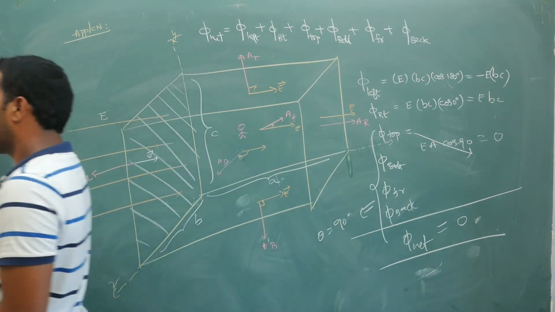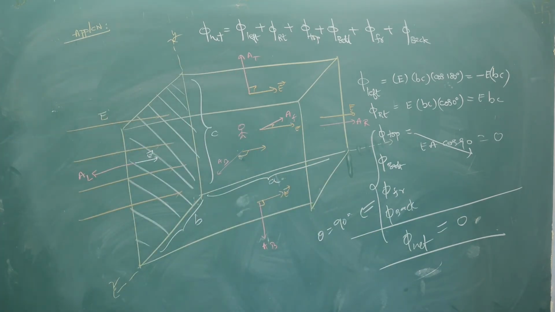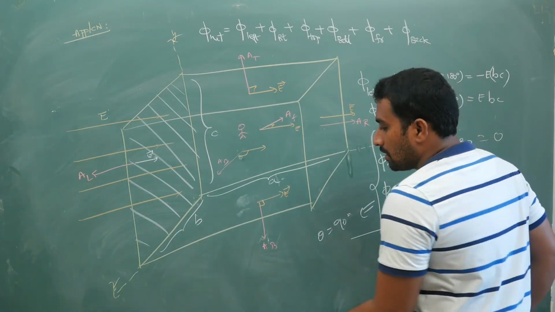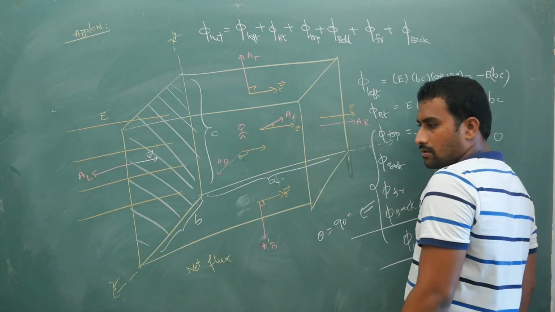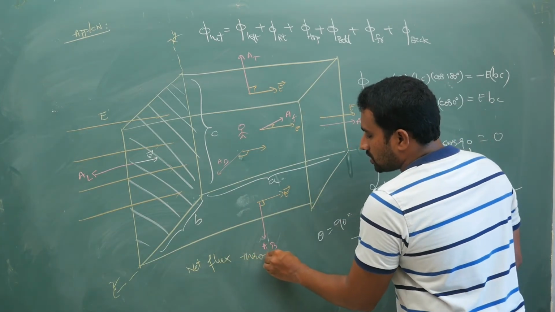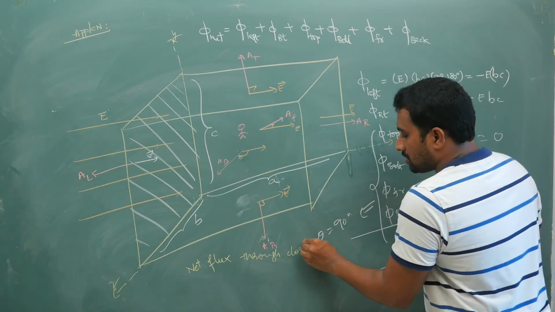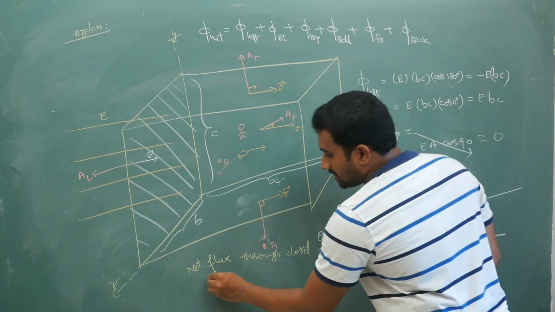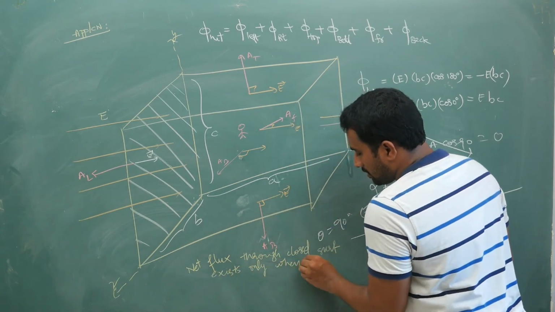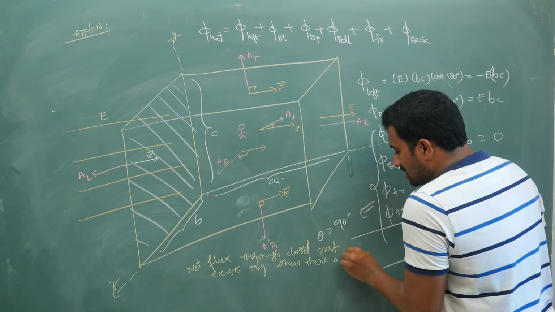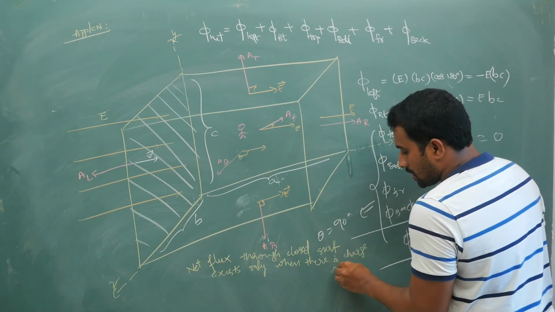Now from this I can state an important point. From this example, the conclusion is that net flux through a closed surface exists only when there is charge inside the closed surface.